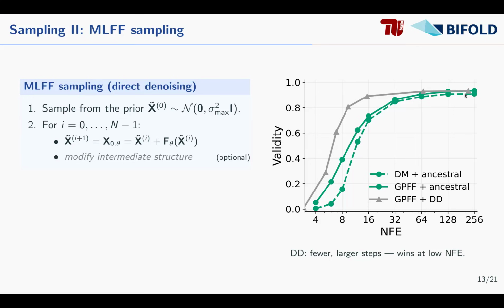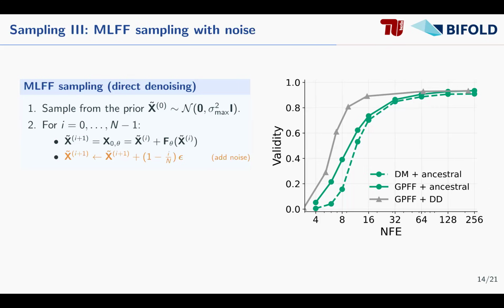And so from diffusion models, we know that if we add a bit of stochasticity during sampling, usually the sampling quality improves a lot. So we also tried this for our direct denoising approach. And we can easily do this by just modifying this intermediate structure here on the left. So we make a prediction and then we add a bit of noise to this prediction, and this noise decreases with the number of steps.